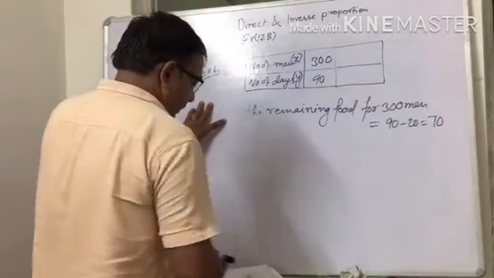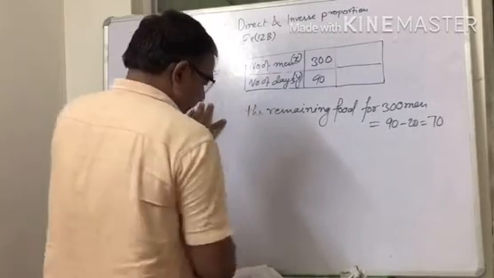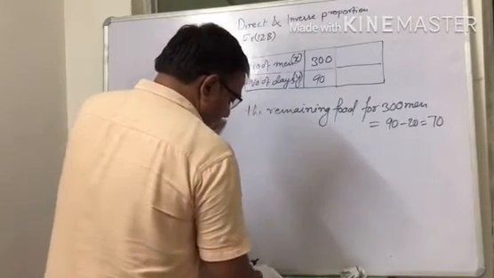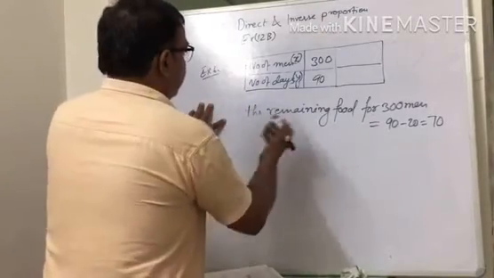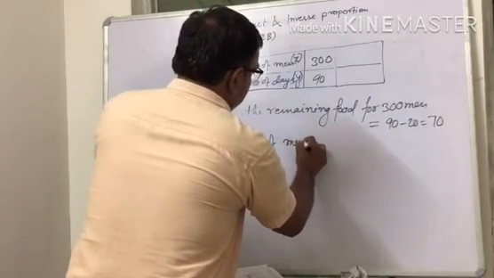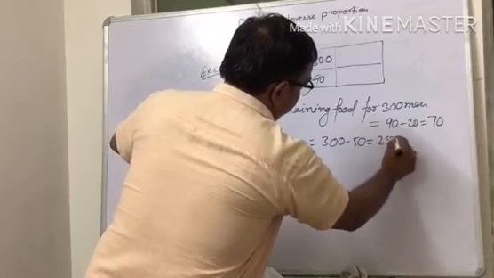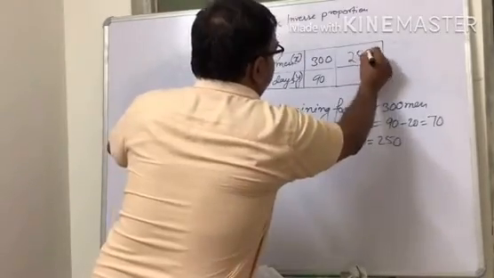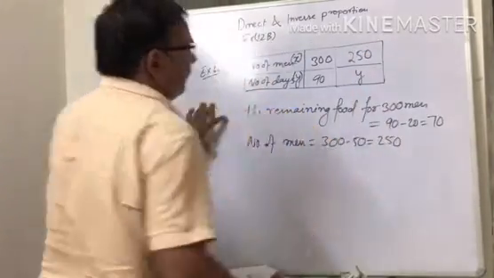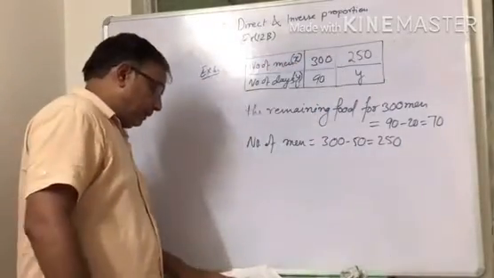And there are 50 men who left after some days. So the number of men is equal to 300 minus 50, which is equal to 250. So this is 250 and this is y. We have to find out how long the food lasts for 250 people.